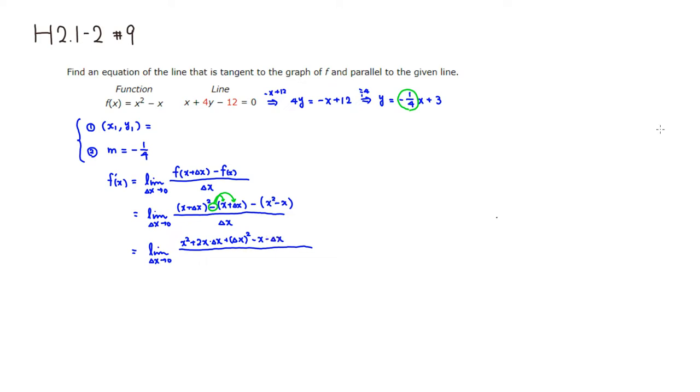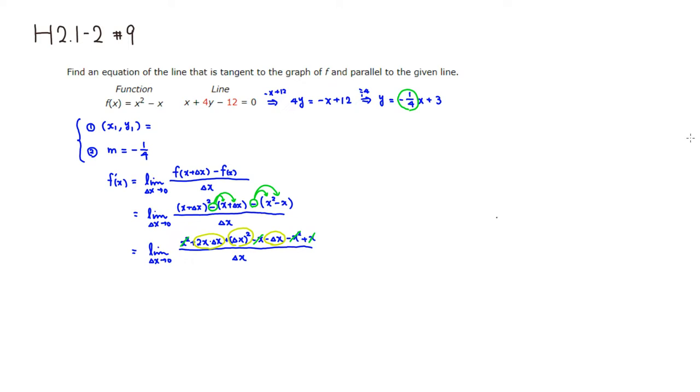And the same thing, the negative sign distributed to each term, we get negative x squared plus x, all over delta x. Then we can cancel the positive x squared and negative x squared, and the negative x and the positive x. Then we have 3 terms left over. Here is 2x delta x, here is delta x squared, and then you have a minus delta x.